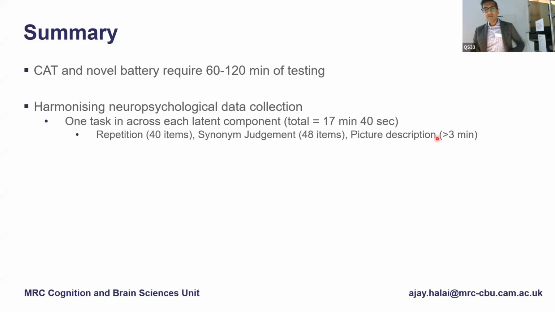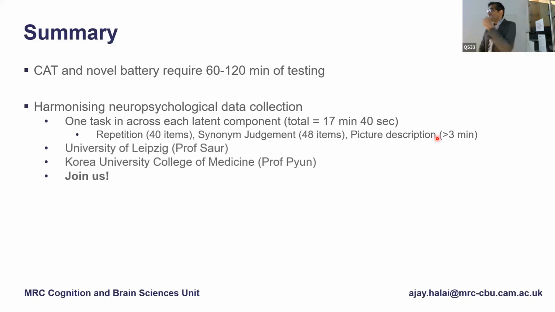This would give you a very good indication of the 3 core language components that we identified. You can extend this to the executive domain, and Rahel Schumacher has done lots of great work on that. We're in conversation with Dorothy and Sungbom, who is here from Korea. If you're interested, please do get in touch. I'm very happy to share all of the materials and information that we have.